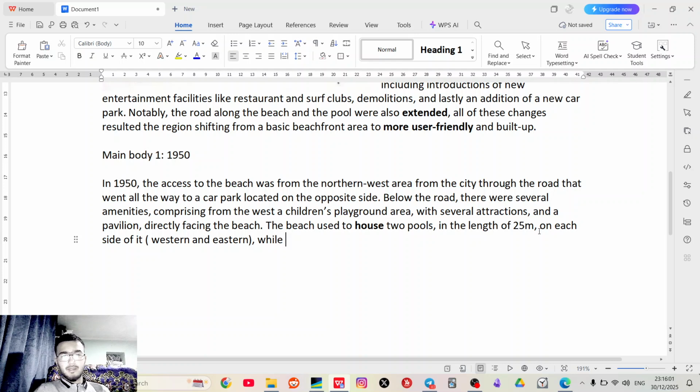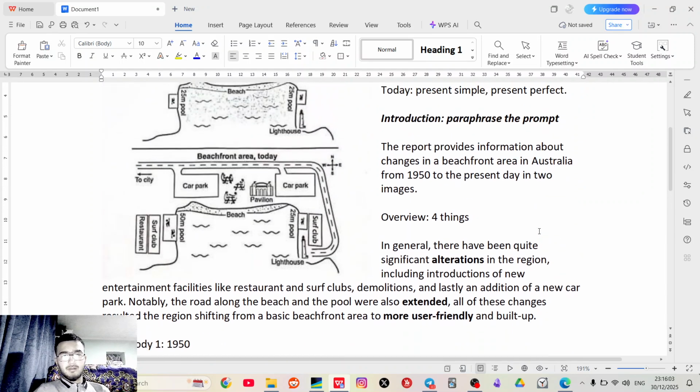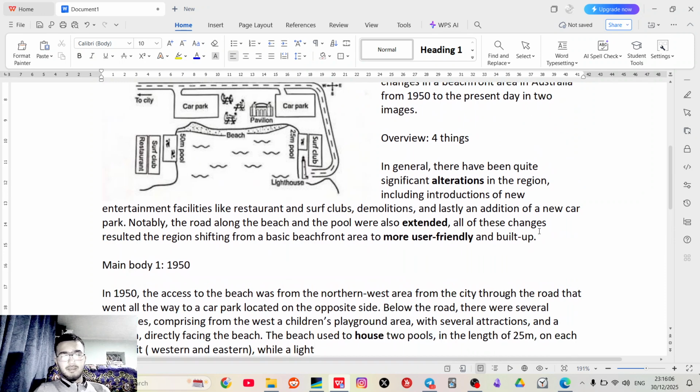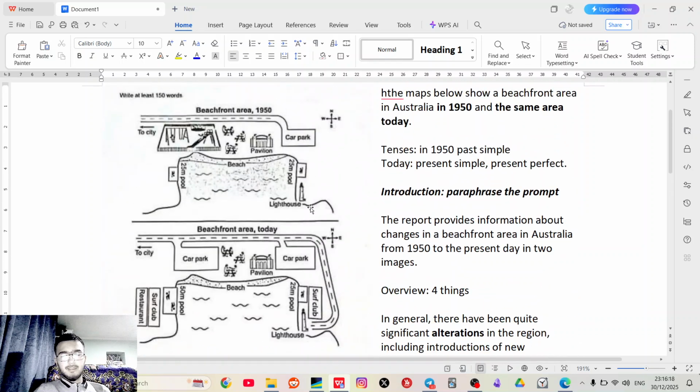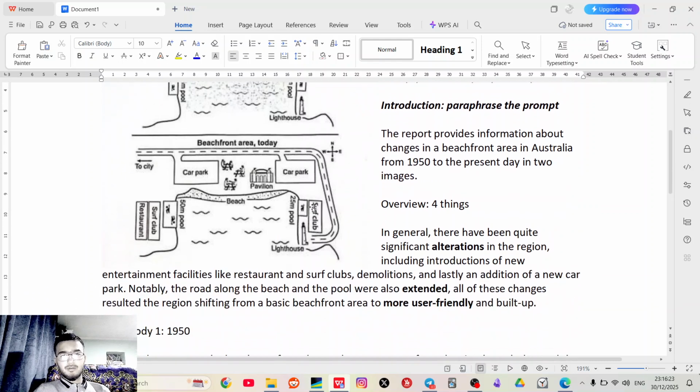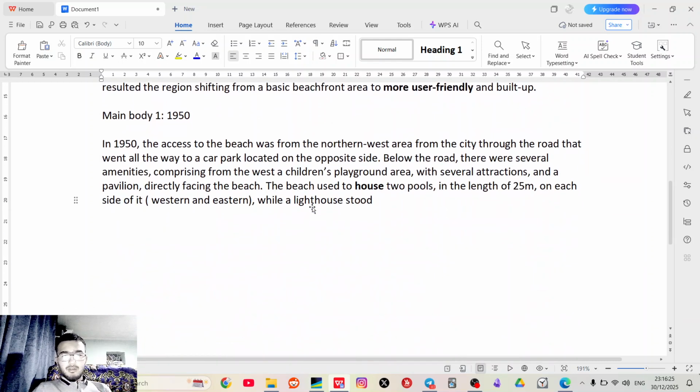While a lighthouse stood. So we have a lighthouse, which is located in the southeastern corner of the beach, right?